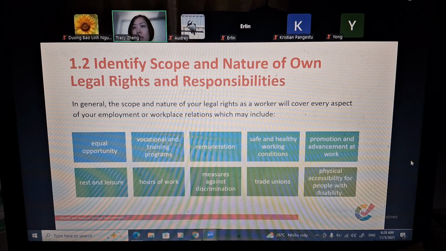So they can't just say you sign the contract as you work, let's say, 30 hours per week, right? But they only offer you 15 hours. No, it's breaching your legal rights. So if you sign a contract that says you work 30 hours, your employer must offer you the same hours as written on your contract.